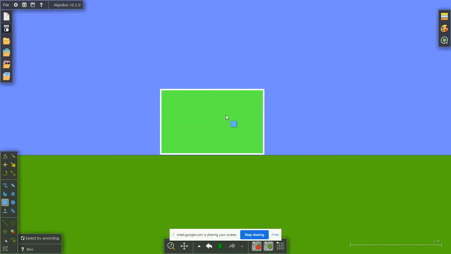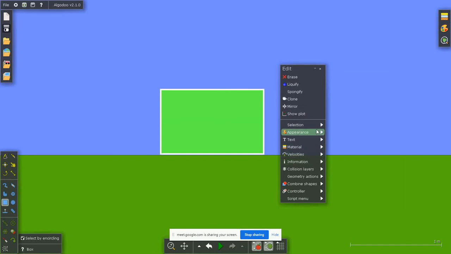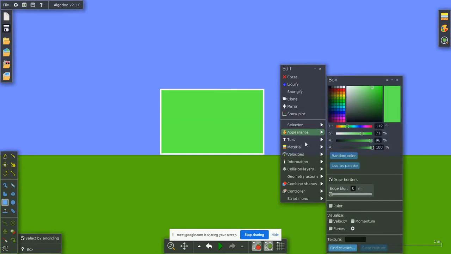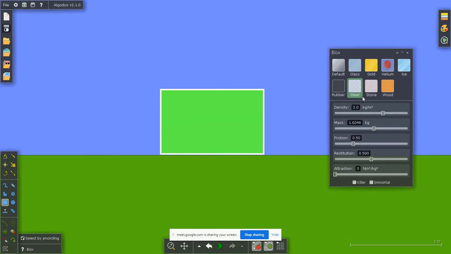Now I will slide. I'll give it a material of, let's say, rubber, or what should I give you? Wood. This is a wooden object which is lying on the surface.